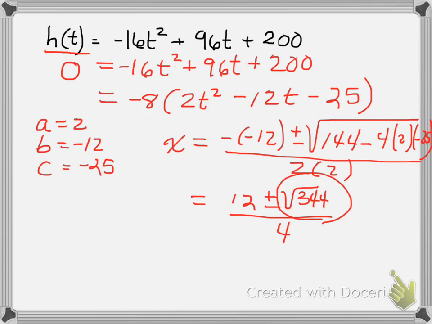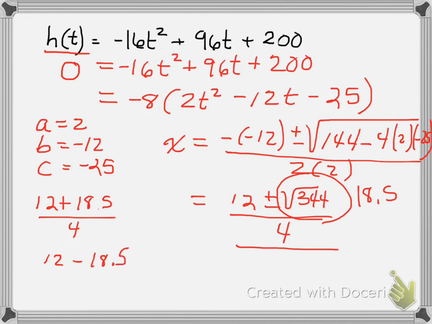So if you plug that into your calculator, you should get something like 18.5. Remember, we have two solutions embedded here. We have 12 plus 18.5 over 4, and we have 12 minus 18.5 over 4. So 12 plus 18.5 over 4 calculates out to 7.6.